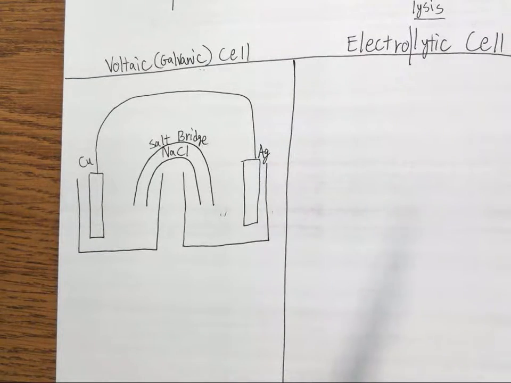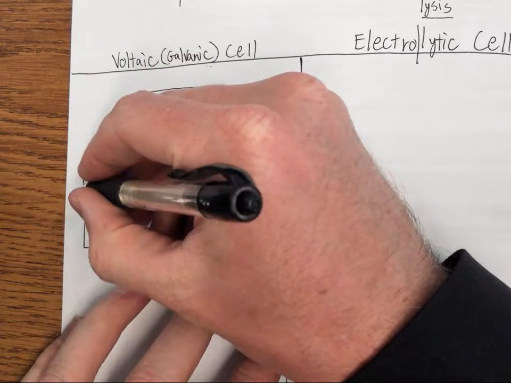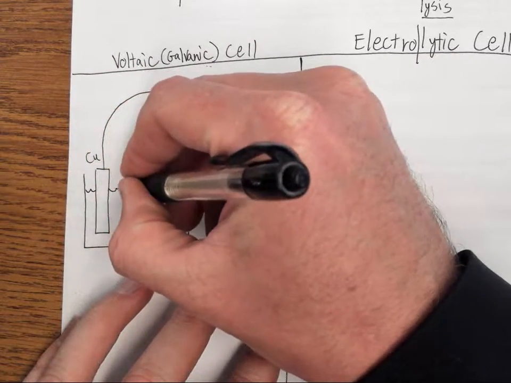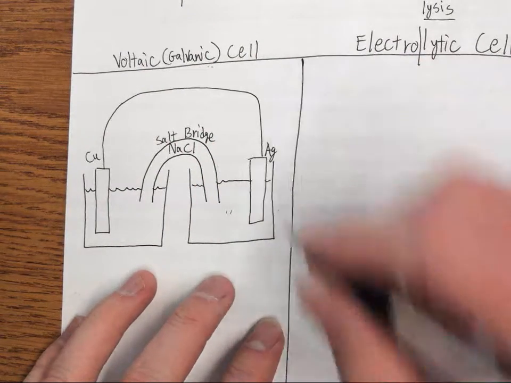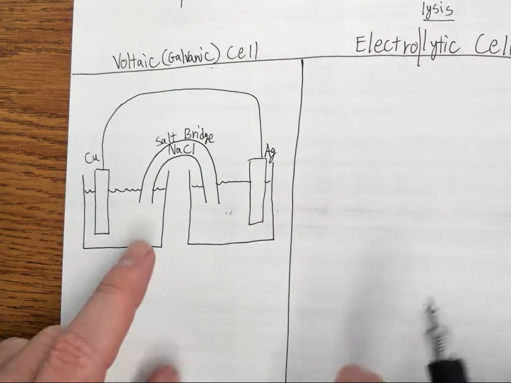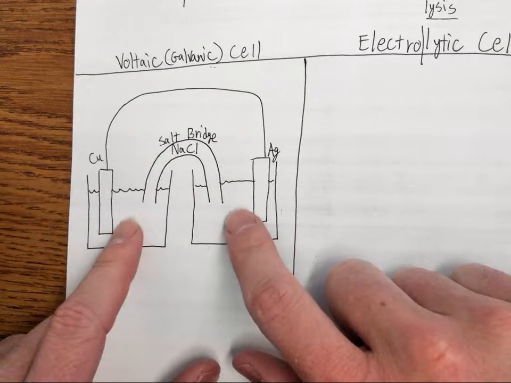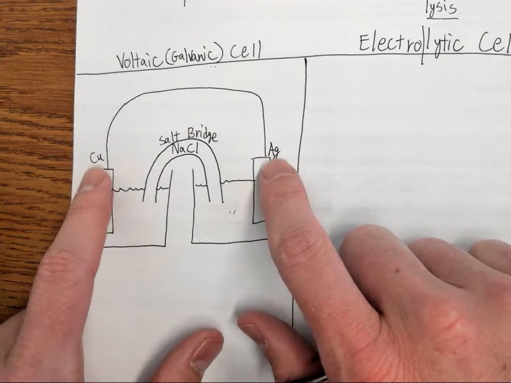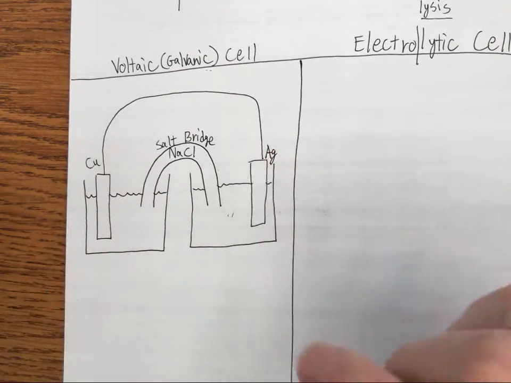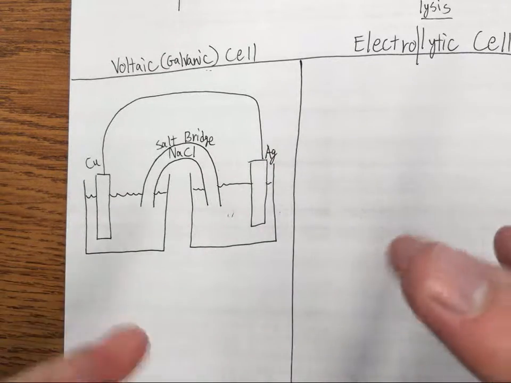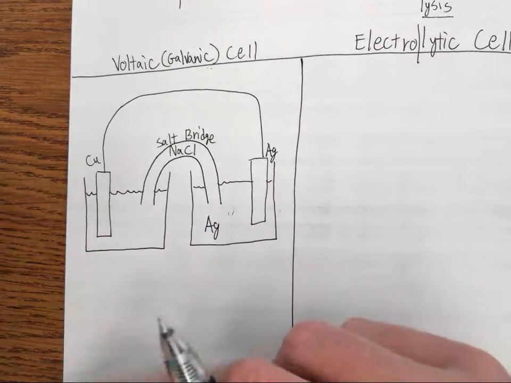So with voltaic cells, we have metal, salt bridge, and we have some liquid in here. So I'm going to draw this for the liquid. These solutions are going to be made up of these ions floating around in solution. So these aqueous solutions are going to be like Ag, what's a good one with that?